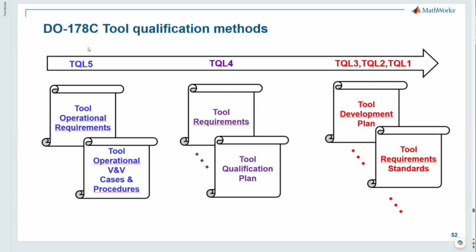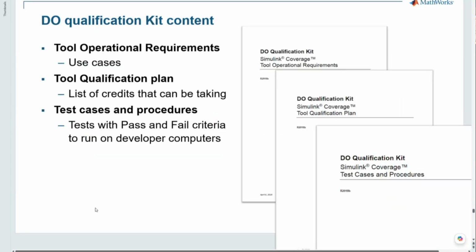And so for TQL4, you could qualify the tools without our help, but to help you in this qualification, we do provide a qualification kit where we provide the tool operational requirements for each of the tools, where we define all the use cases. We do provide the tool qualification plan also.